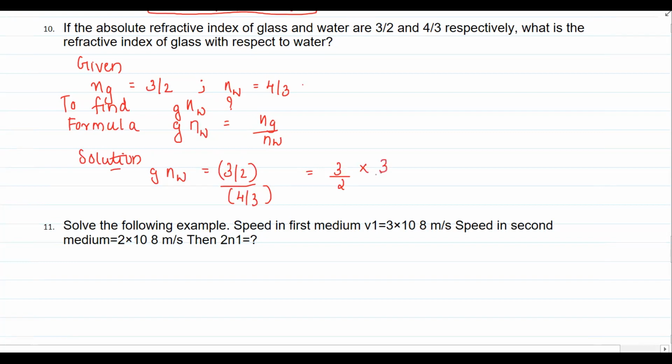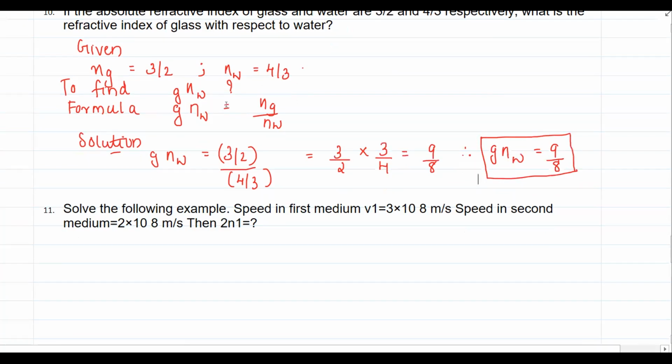That is 3 upon 2 into 3 upon 4, that is equal to 9 upon 8. Therefore, refractive index of glass with respect to water is 9 upon 8. Refractive index has no unit. Answer is 9 upon 8.